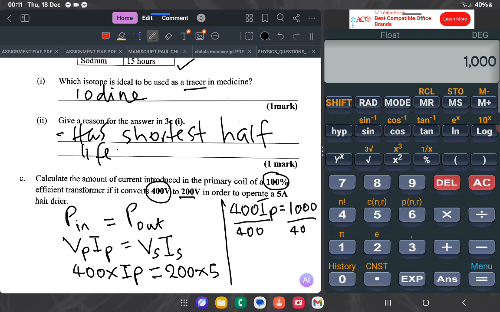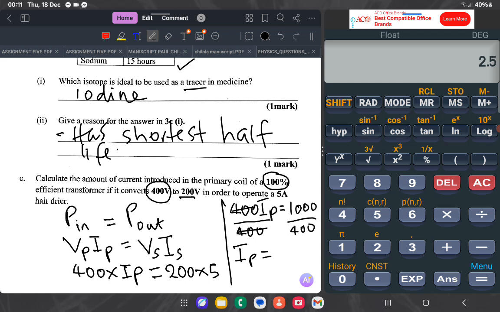So the current in the primary coil is going to be 1000 divided by 400.